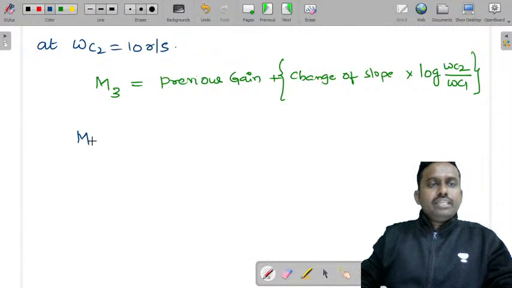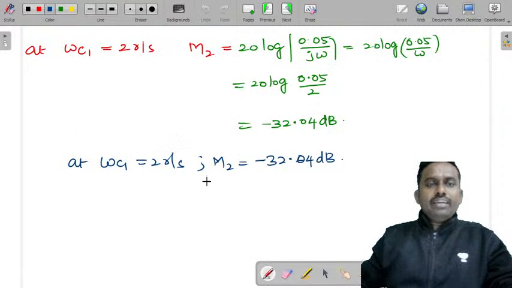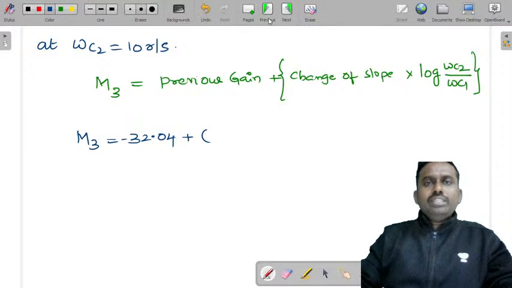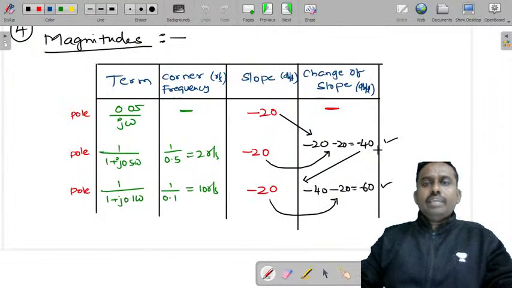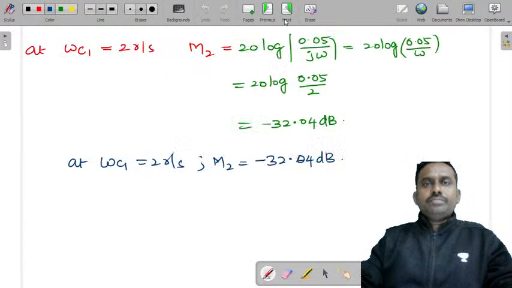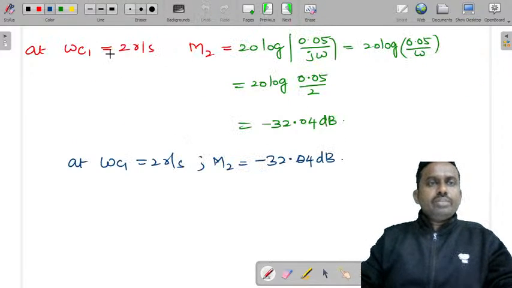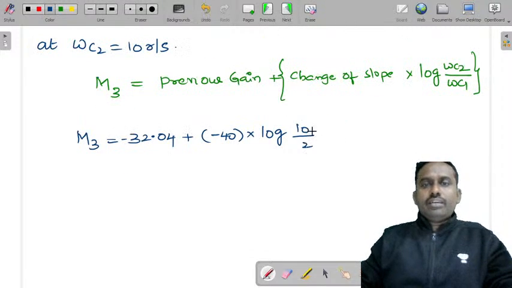Now M3 is equal to, what is the previous gain we had? Minus 32.04, plus the change of slope, which is taken from the table, the first change of slope. So this is minus 40 into log of the present frequency 10 by the previous frequency 2 radian per second.